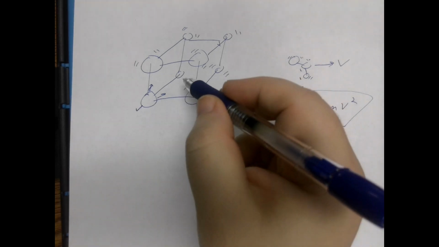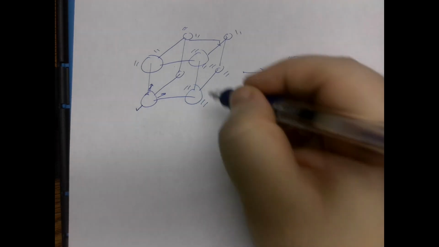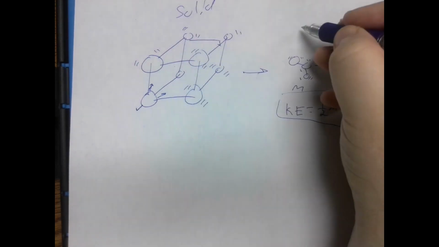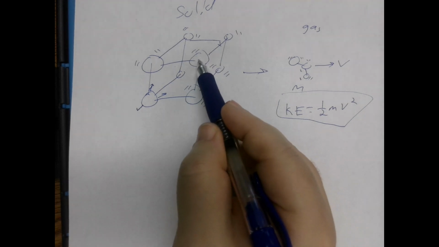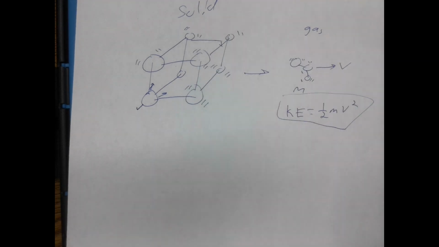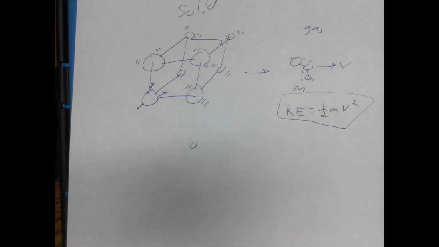But if you go from a solid to a gas, what you're doing is heating this up to give it enough energy that it can fly out. And when you convert to a liquid, it just so happens that the forces aren't strong enough.